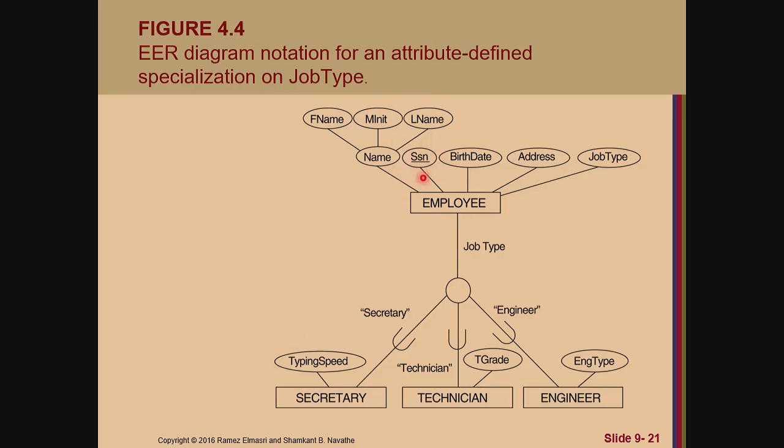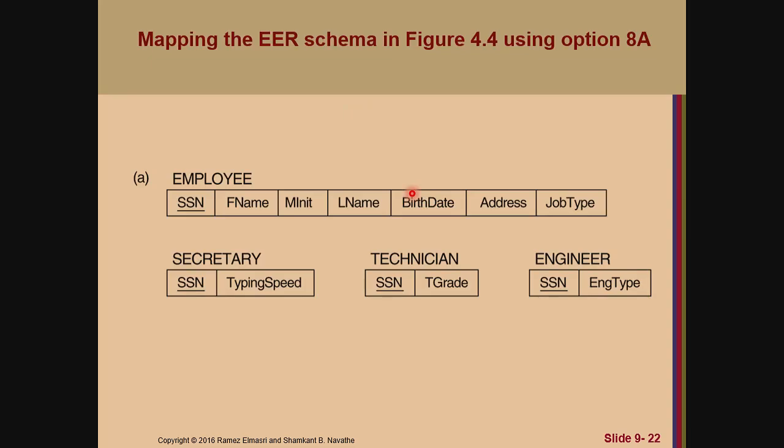SSN is the key of the superclass, and we have birth date, address, job type. Okay, so we just separate them for each superclass and specialization subclass. So we have the superclass table here, employee, and the key is just SSN.